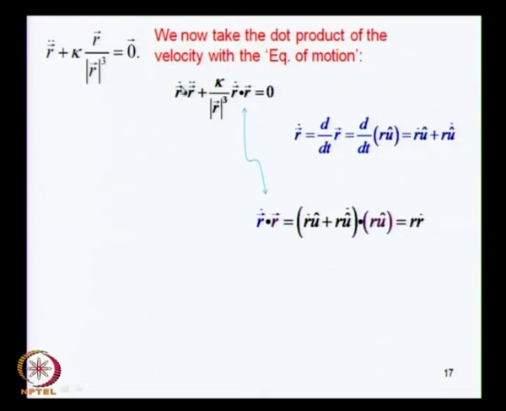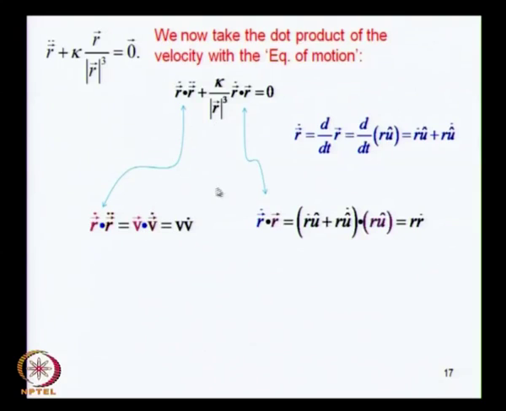Likewise we need this one also, and this one is the scalar product of velocity and the rate of change of velocity, which is acceleration. Just as in this case this turns out to be r r dot, this will turn out to be v v dot for exactly the same reason.